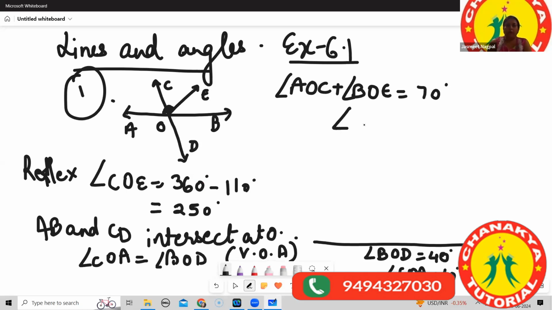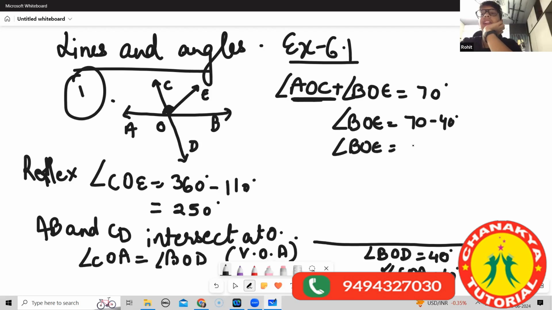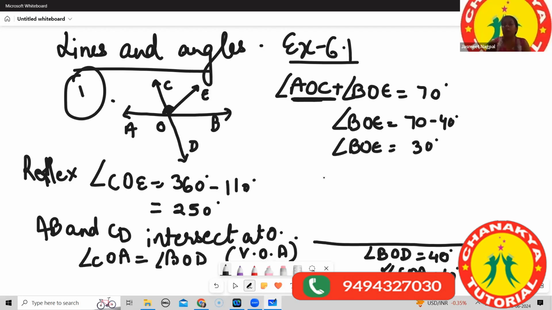When you find out the BOE, you will do 70 minus 40 degree, because AOC is given to you now as 40 degree. So what is the answer of BOE? 30 degree. Now your answer is coming 30 degree.